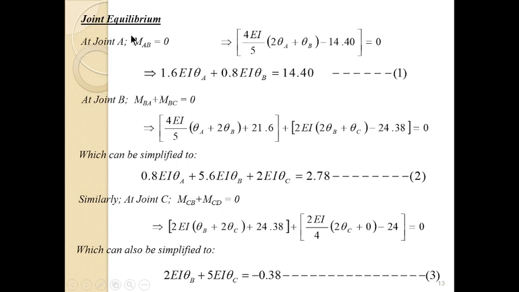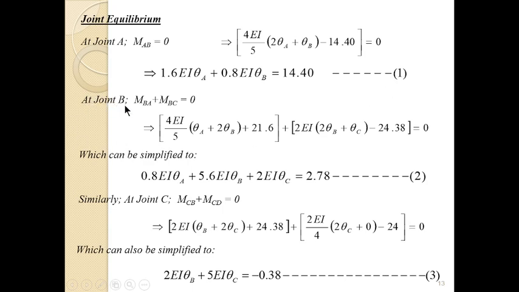At joint A, you say that MAB equals 0. So this is the equation for MAB equating to 0. When you simplify it, this is what you will have: 1.6 EI θA plus 0.8 EI θB equals 14.4. So this is equation 1.